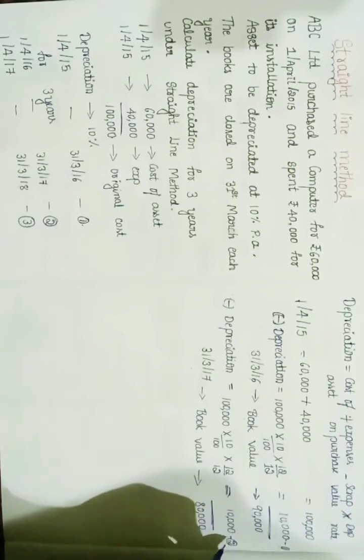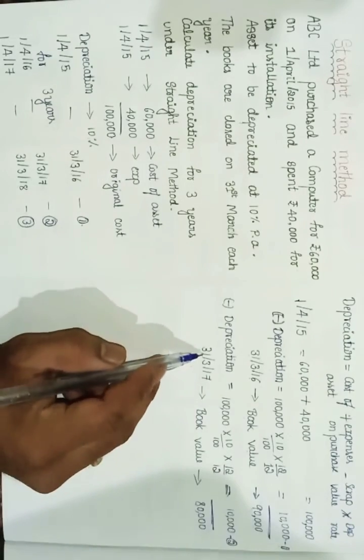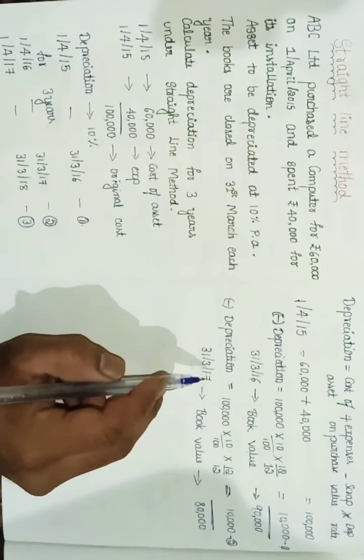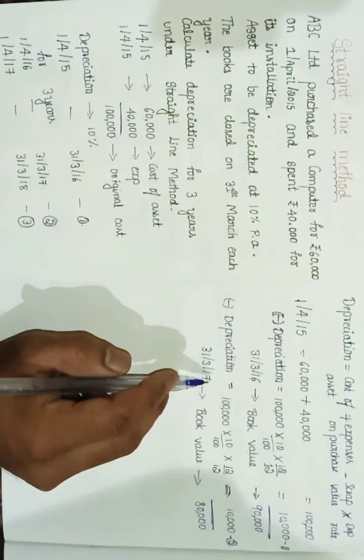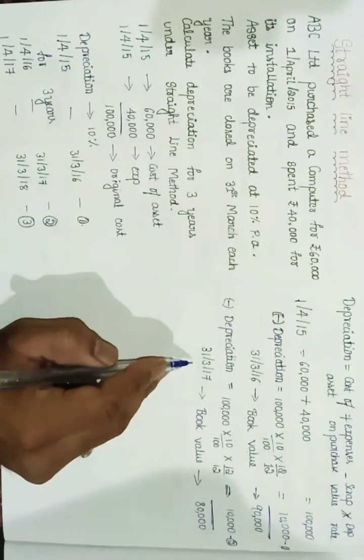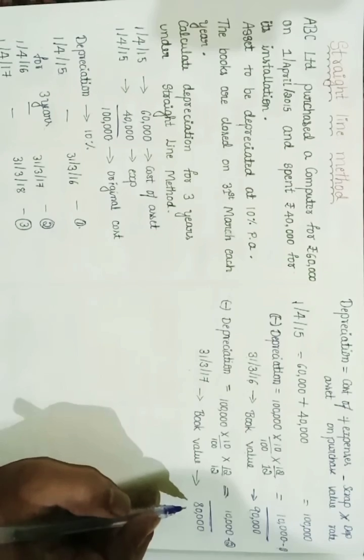Then we have calculated for 2 years, which means we need to calculate 1 more year. After 31st March 2017, the next day, 1st April 2017, it becomes the next financial year, meaning accounting year. From 1st April 2017, we have 80,000 rupees worth of asset.